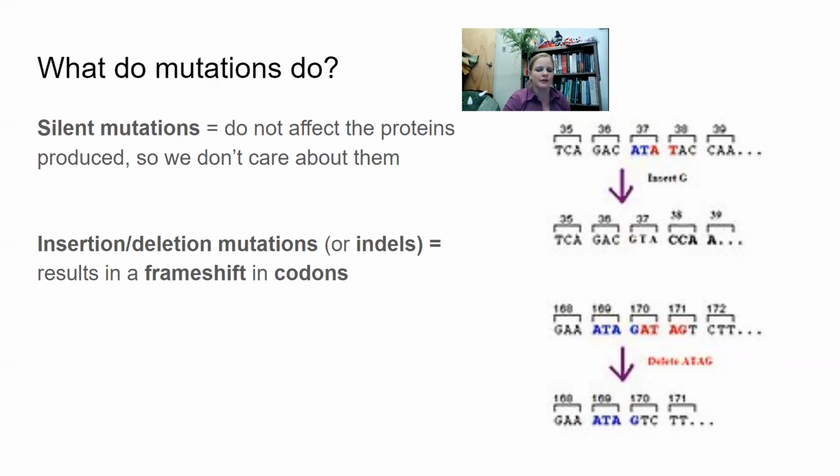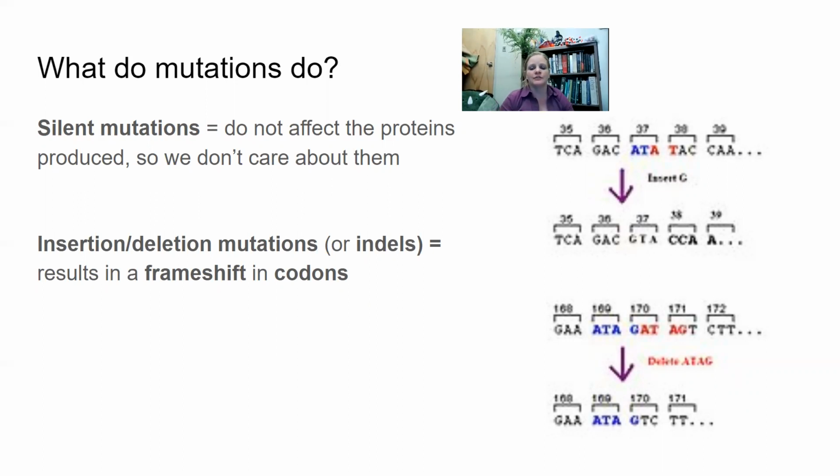So if we have a mutation that doesn't affect what amino acids are being pulled in, then we don't care, right? Because evolution doesn't know that there's a mistake there, since we still end up with the same protein. So it doesn't matter.